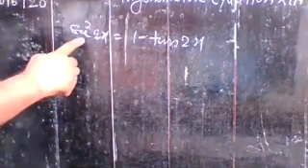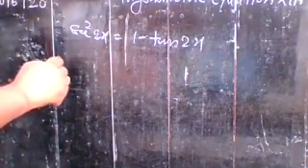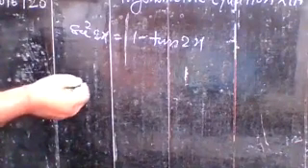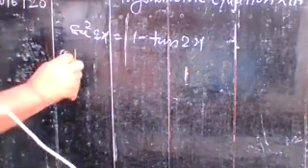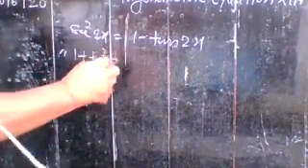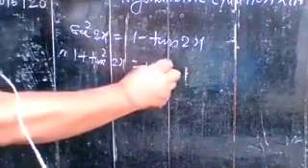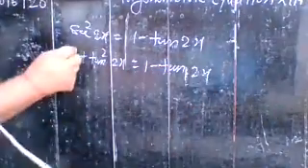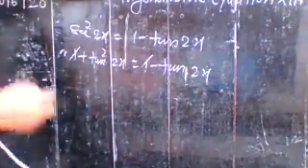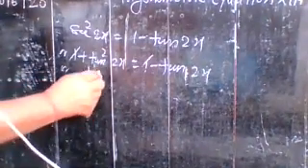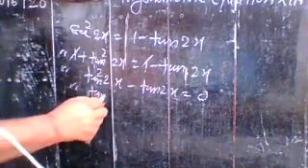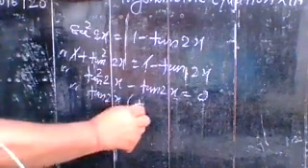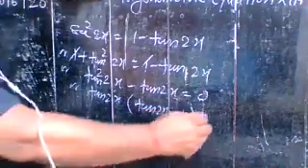So sec square 2x can be written as 1 plus tan square 2x, because you know sec square x is equal to 1 plus tan square x. So you write 1 plus tan square 2x is equal to 1 minus tan 2x. So 1 and 1 cancel out, and you can write tan square 2x plus tan 2x is equal to 0. Taking tan 2x common, you have tan 2x into tan 2x plus 1 is equal to 0.